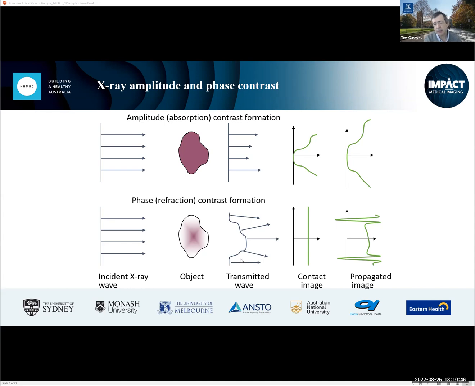But in order to see that emphasis or the phase contrast, we usually need to allow the image to propagate over some distance. And then after that free space propagation of the transmitted wave, the phase contrast can be observed in the variation of the intensity in the image.